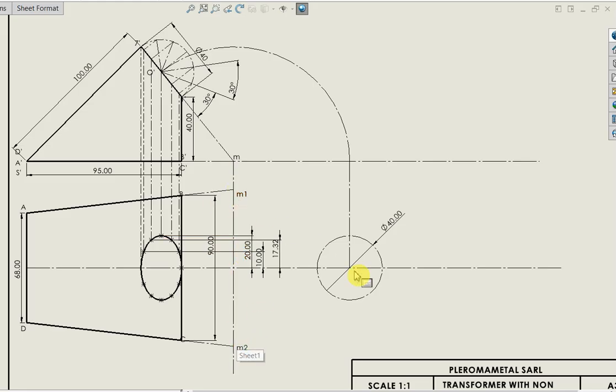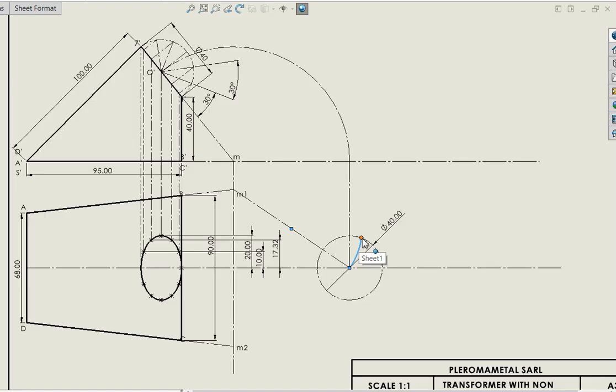Now I'm going to draw a tangent to this circle passing through point M1. To do that, I'm going to draw a line from M1 to the center of the circle. Then I'll draw the tangent point right here.